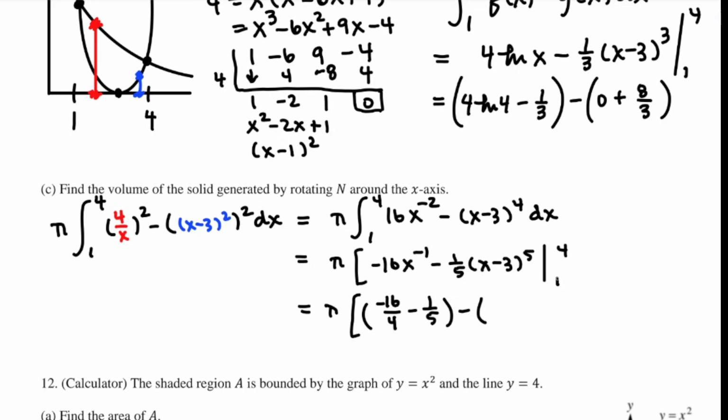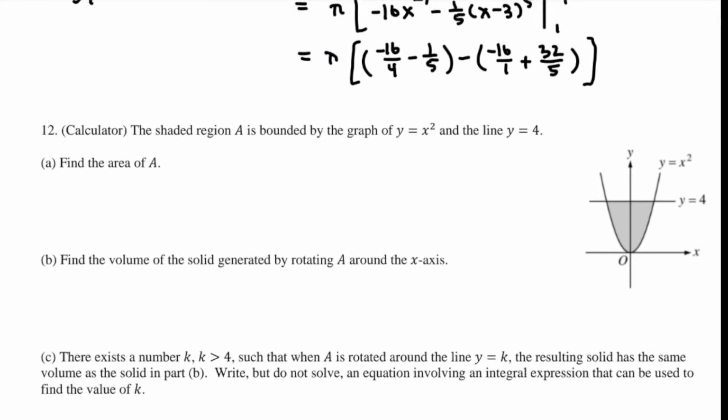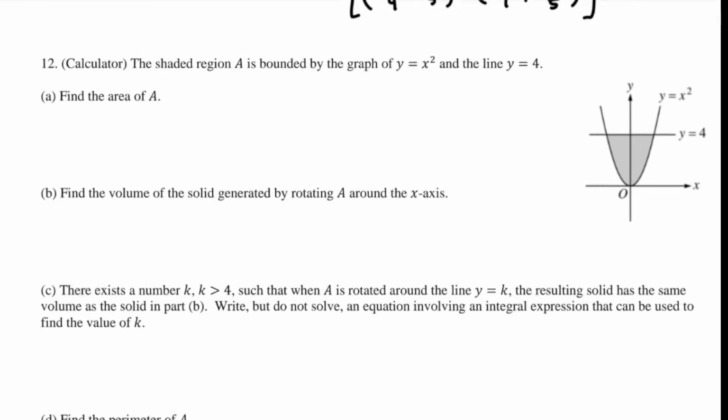Then when I plug in 1, I'd get negative 16 over 1 minus 1/5 of negative 2 to the 5th, so plus 1/5 of 32. And you could simplify that if you wanted to, but I'm close to an hour and a half into this video, so I'm going to leave that unsimplified.